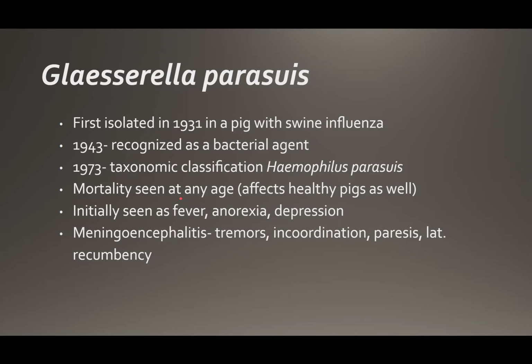The mortality is seen at any age and it affects healthy pigs as well. It's initially seen as fever, anorexia, and depression, and in severe cases, it can go into the brain, causing meningoencephalitis. This will manifest as tremors, incoordination, paresis, and lateral recumbency.